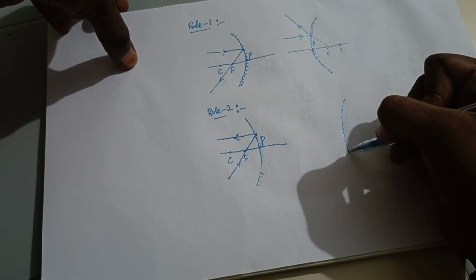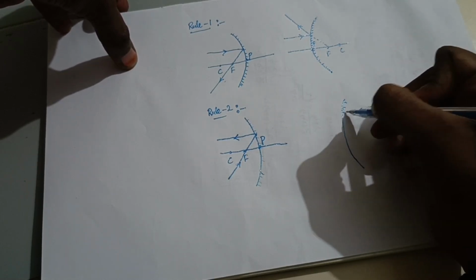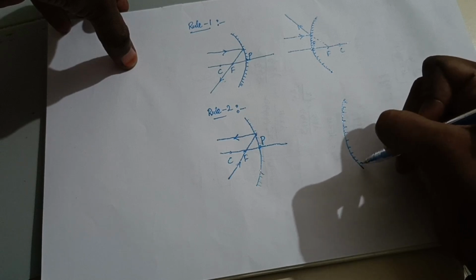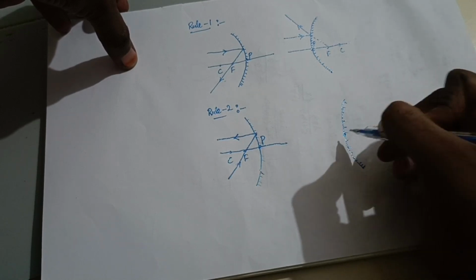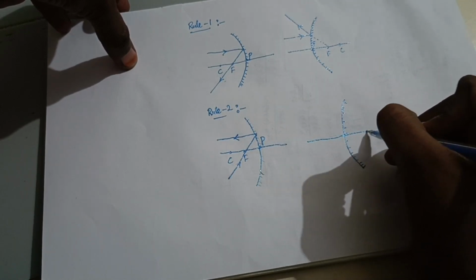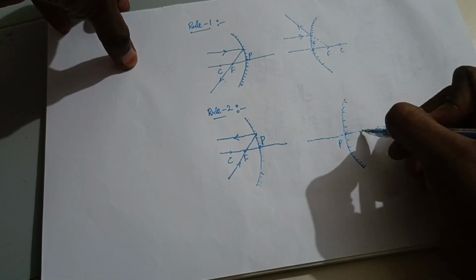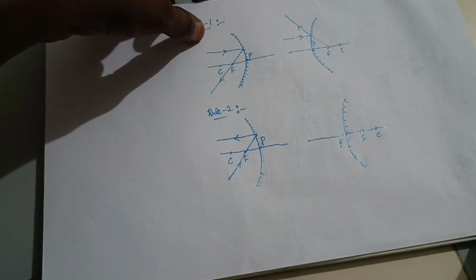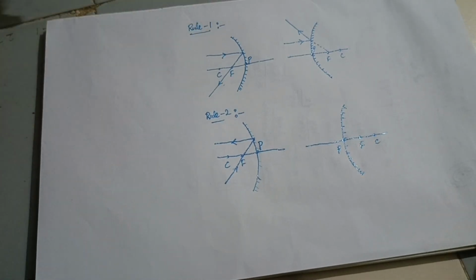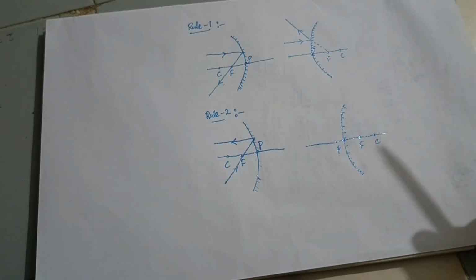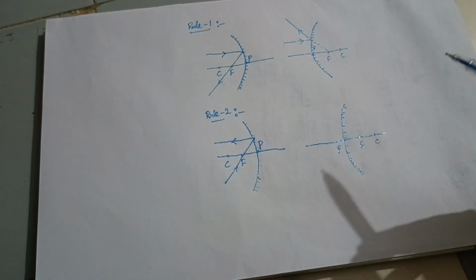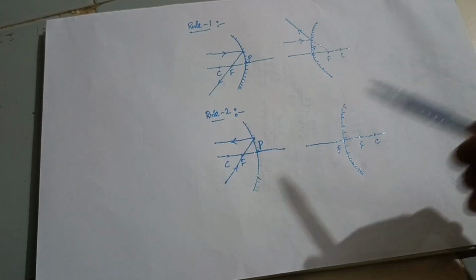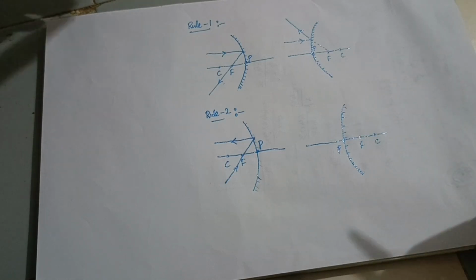Similarly, in case of a convex mirror, let me draw the convex mirror. So this is the pole and this is the principal axis. Focus, center of curvature. In an examination, when you are representing the rules, you need to definitely indicate each and every point like pole, focus, center of curvature, each and everything.